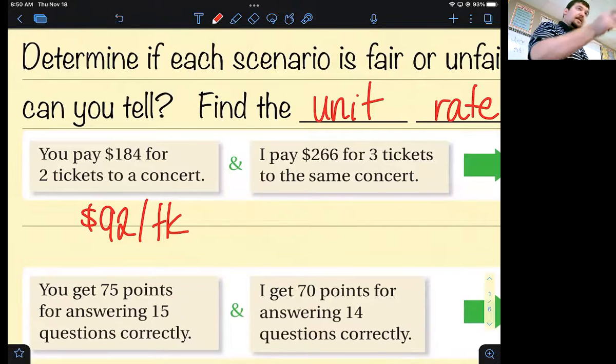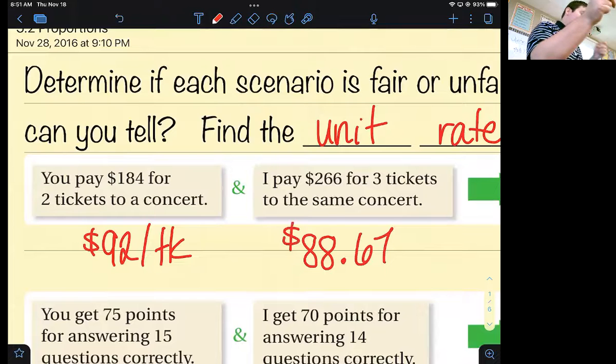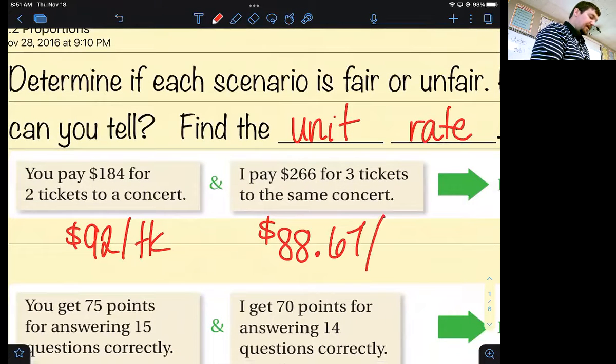Maddie, what's 266 divided by 3? 88.666. Okay. So we'll round that second 6 up to a 7. If we're talking about money here, that's $88.67 per ticket.